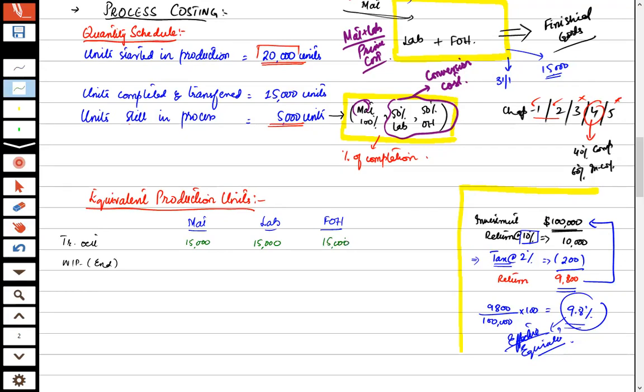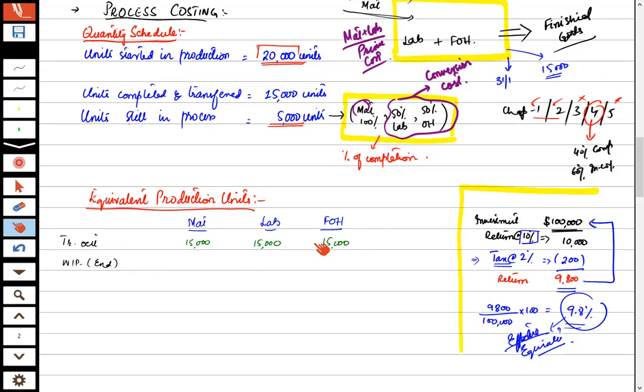Getting this point? It says that in transfer out units, material, labor, and FOH is 100% applied. That is, we are breaking this 15,000 in terms of material, in terms of labor, and in terms of FOH, and they are 100% applied. Therefore, we have written here 15,000, 15,000, 15,000.